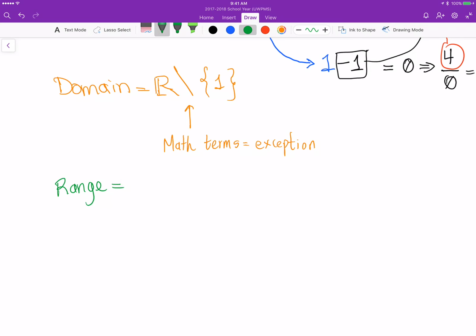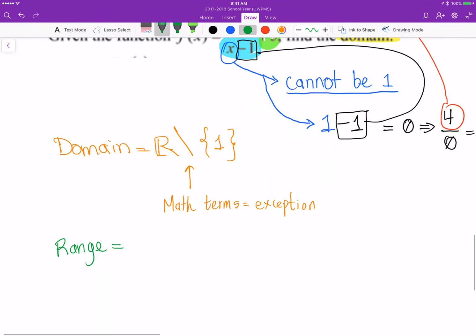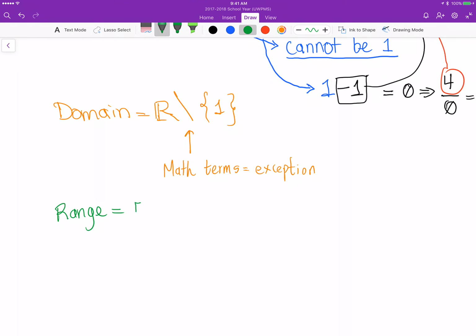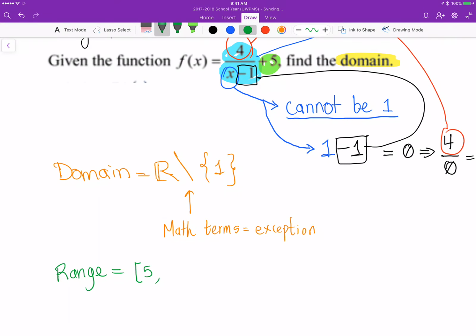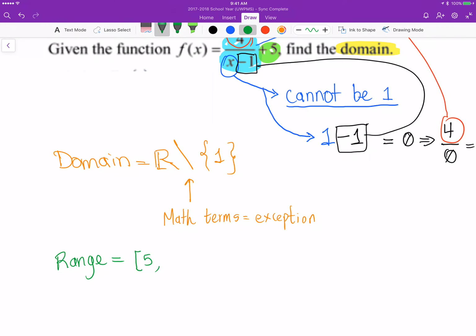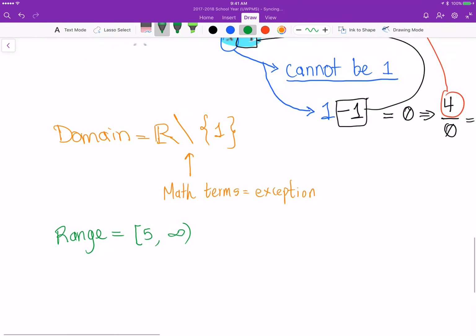So my range is 5, including 5, comma, positive infinity. And that is it.